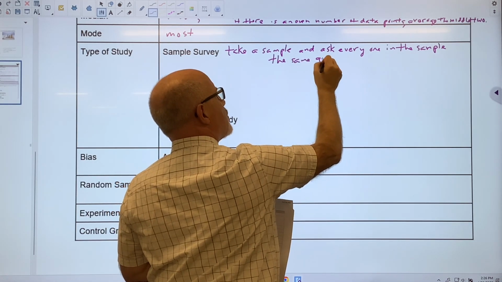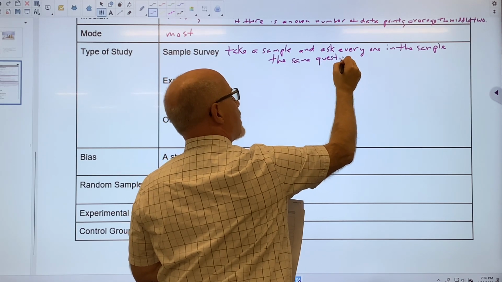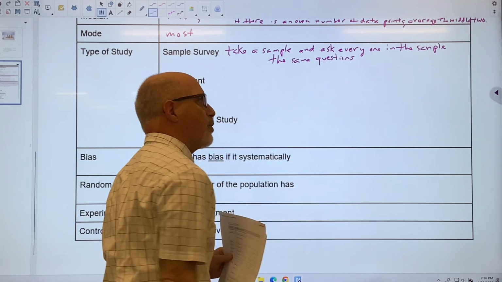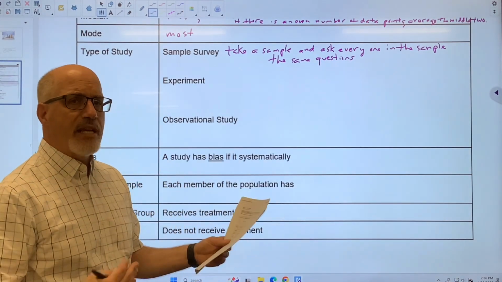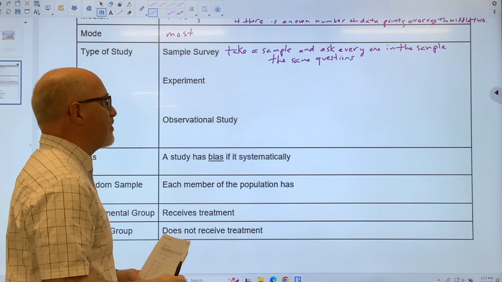I'm going to put questions because you could ask several questions, just one or multiple questions. But you have to ask the same questions. If you ask different questions, it's not really a valid survey.